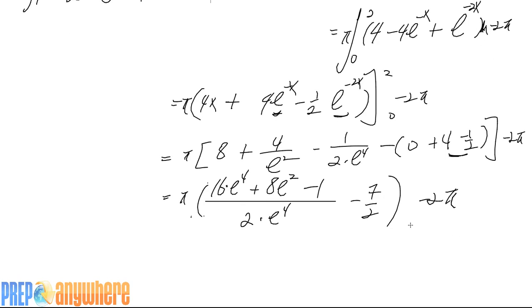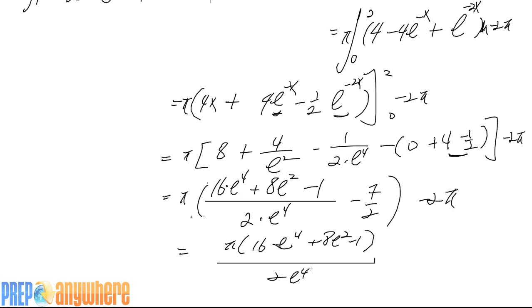I can expand this a little bit more. Pi times 16 e to the power of 4, and multiplying by pi, you get minus 7 over 2 pi.